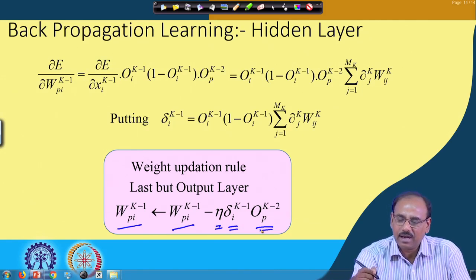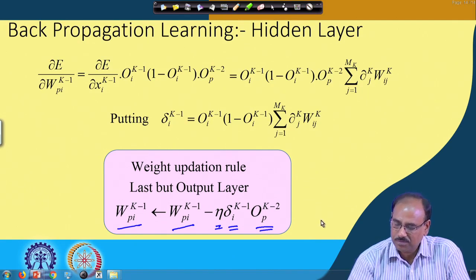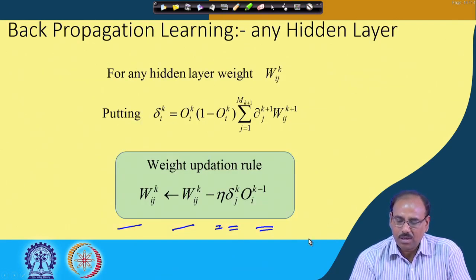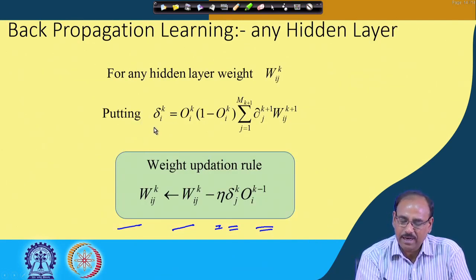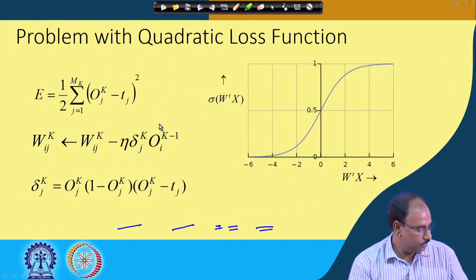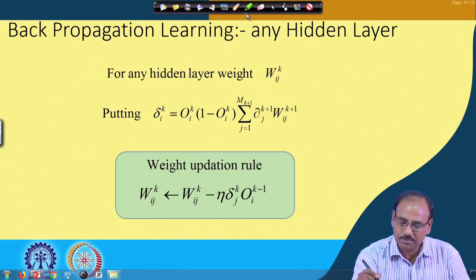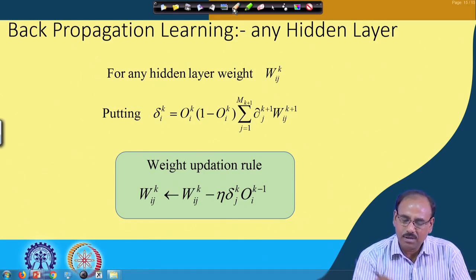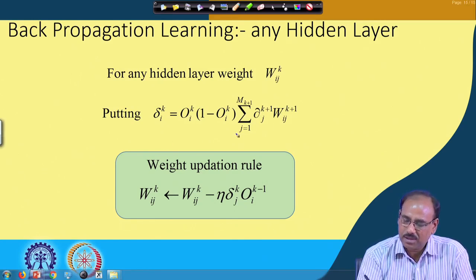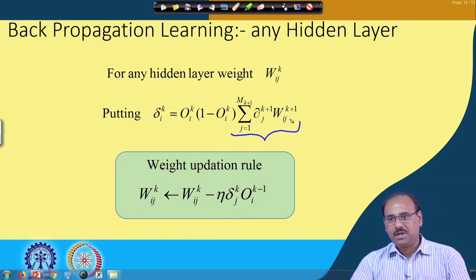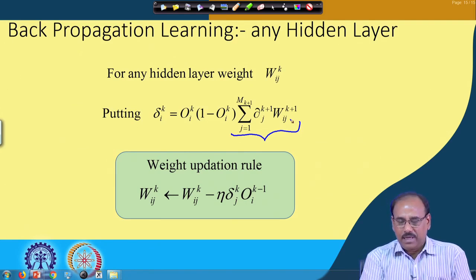So, in the hidden layer, I will have a summation term. Here I am putting delta_i^k as the summation of this. As I said, I can generalize this from the output layer to any of the hidden layers.